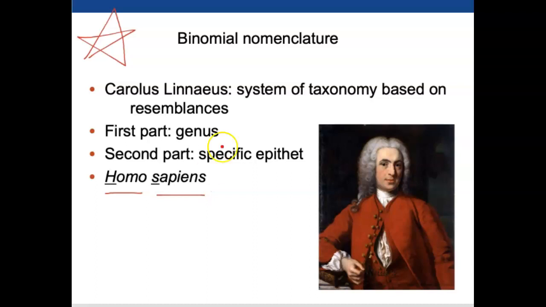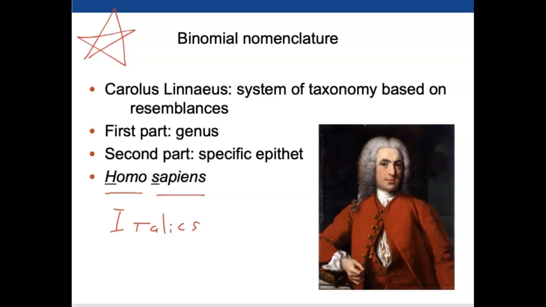When you see a word in italics that you probably can't understand or read or pronounce because it's in Latin, that should key you in to the fact that it is the scientific name of that species.